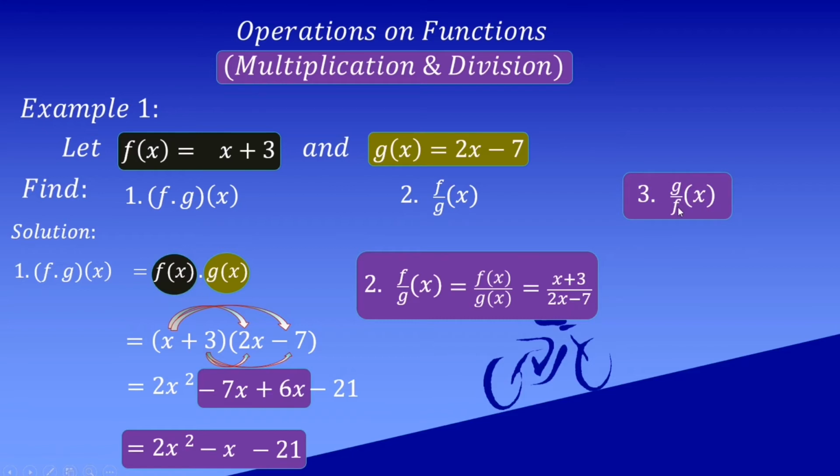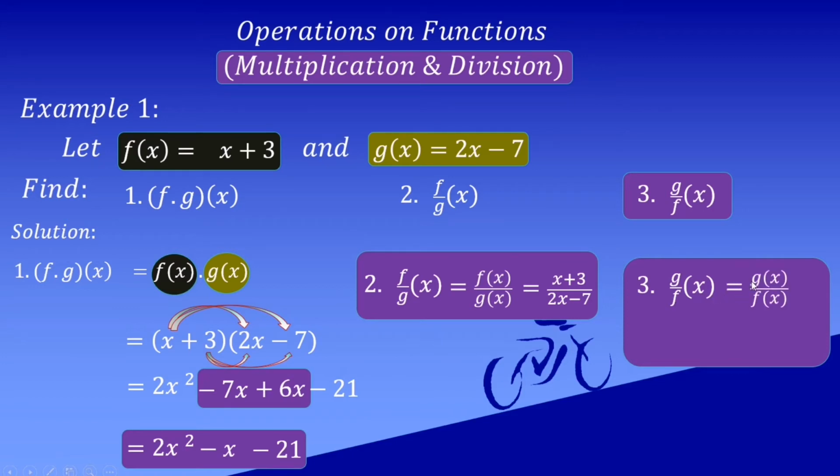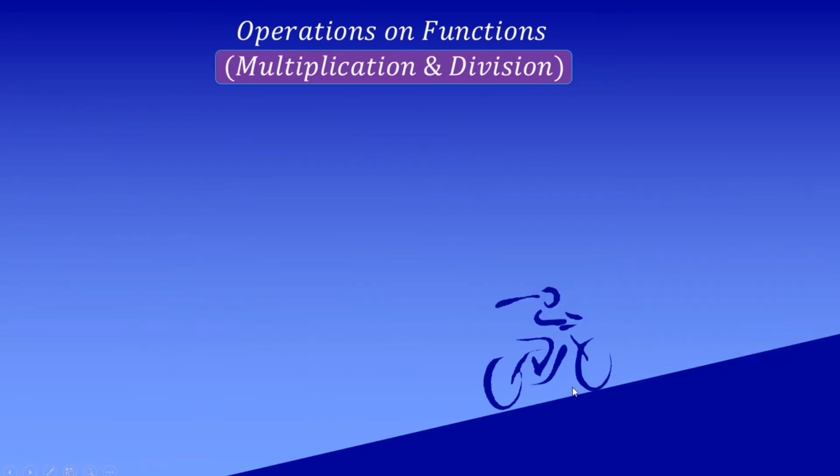For number 3, g over f of x is equal to g of x over f of x, which is x minus 7, our g of x, over f of x, which is x plus 3.